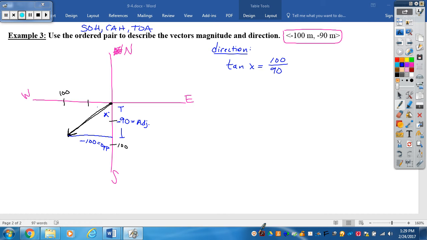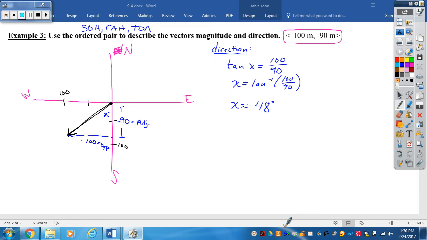Okay? And so from there, if we go ahead and solve for x, we should have that angle. So again, we're going to use the inverse tangent because we're solving for a degree. And we should get, let's see here, approximately 48 degrees. Okay, I believe that's correct. 48 degrees there as you work that out.